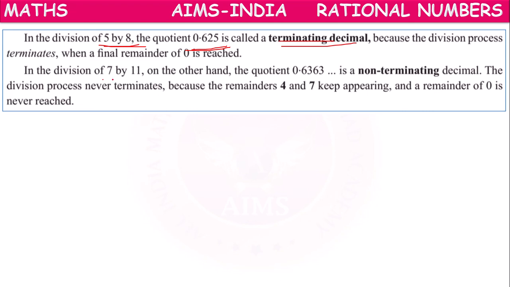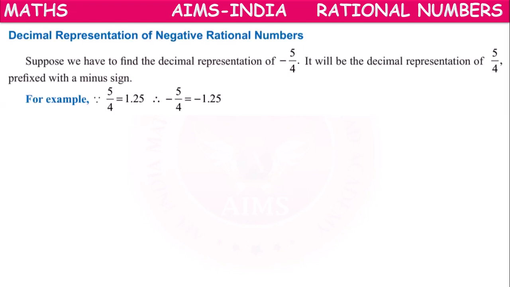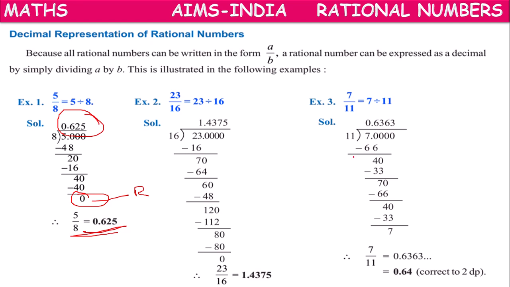Whereas in the division 7 by 11, the remainder is not 0 and the same process is continuing. So 70, 40, 70, 40, again 70, 40. If you go on dividing like this, the 63, 63 part will be repeating. It is not terminating, but repeating.